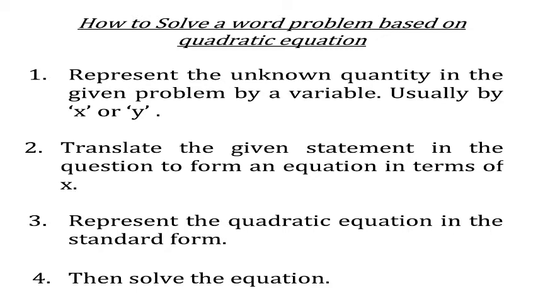After representing the unknown by x or y, we have to translate the given statement in the question to the form of an equation. This is the place where you need to read the question carefully, understand the statement and rewrite it using the variable x or y in the form of an equation.